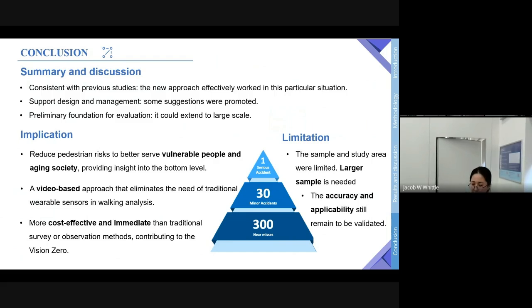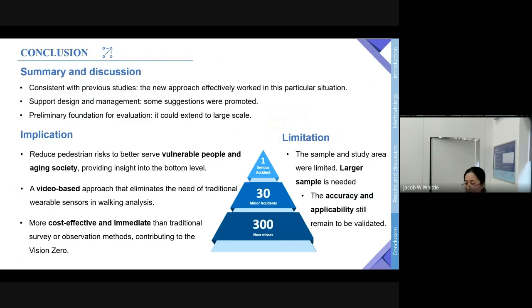And as a cross-disciplinary research, this vision-based approach eliminates the need for traditional wearable sensors in walking analysis, and in practice, it is more cost-effective and immediate than the traditional survey or manual observation method, so it contributes to the Vision Zero plan. However, there are some limitations.